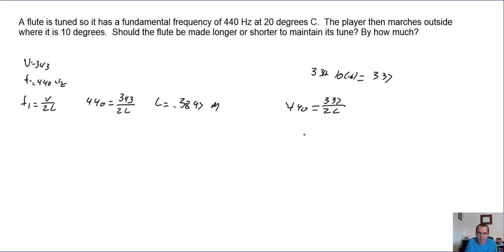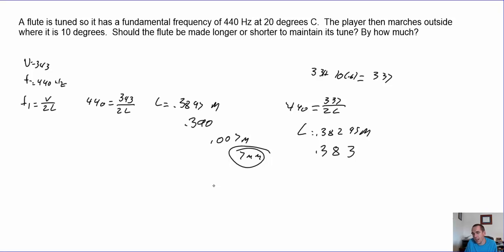And that means 0.3829 meters versus 0.3897. How much did it change? It went from essentially 0.390 to 0.383. We're talking 0.007 meters, or 7 millimeters. So it changes, not a whole heck of a lot, 7 thousandths of a meter, and it got shorter.